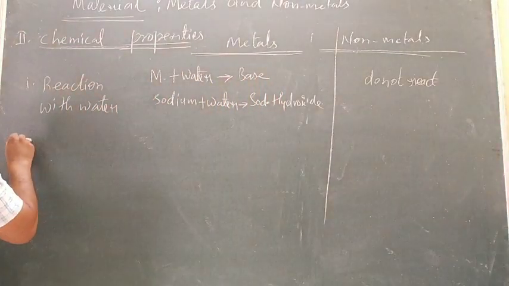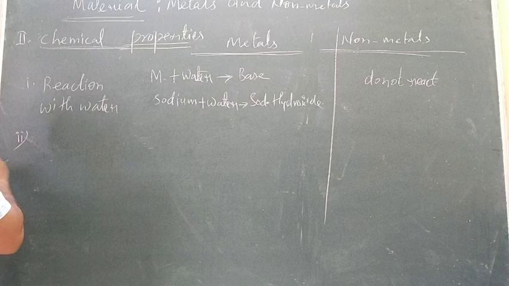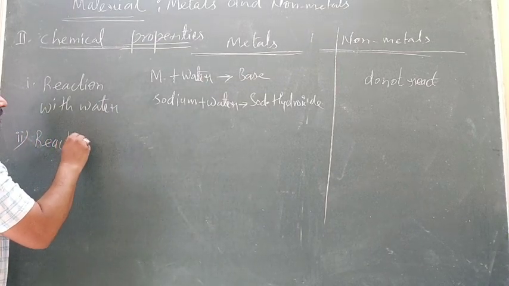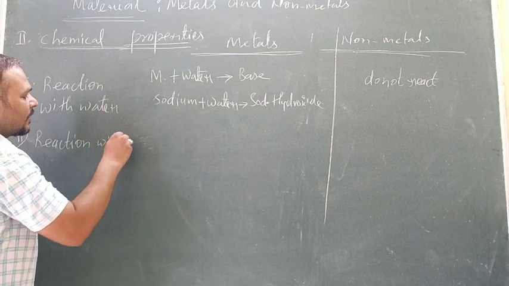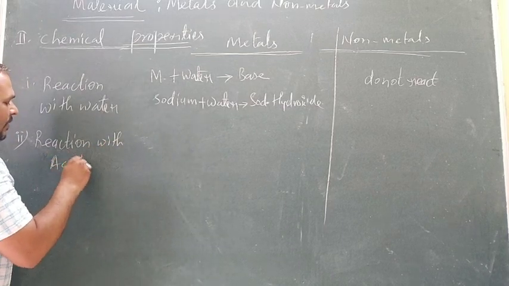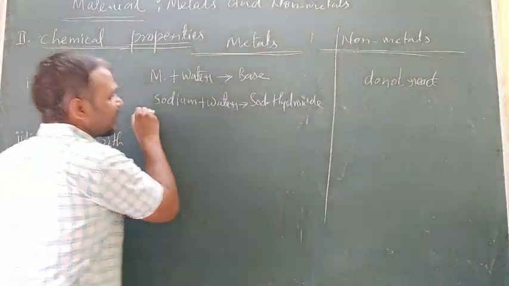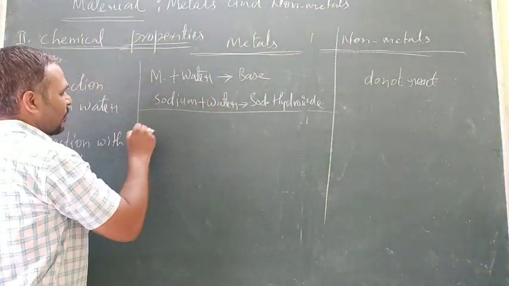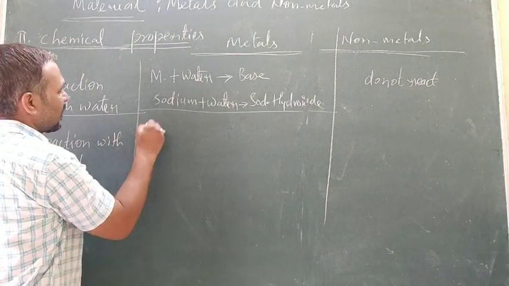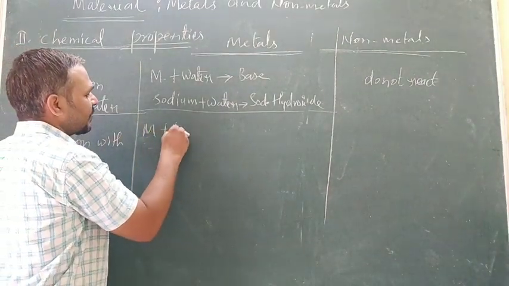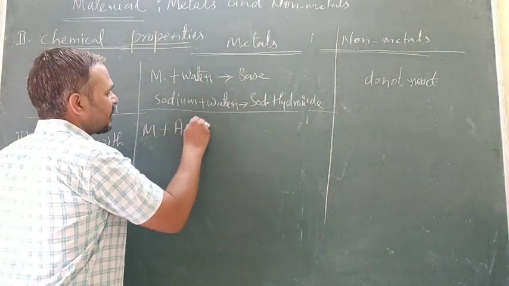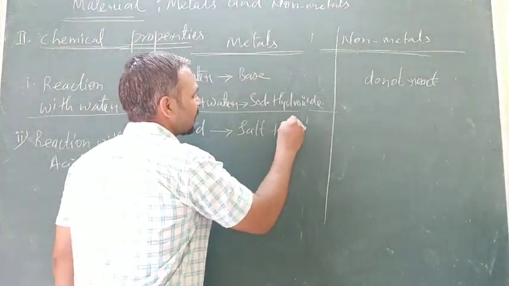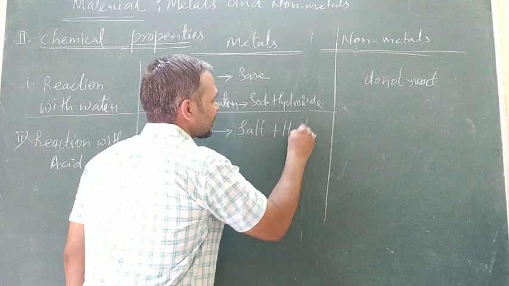Now the next reaction, with acid. When metal reacts with acid, it produces salt plus hydrogen gas.